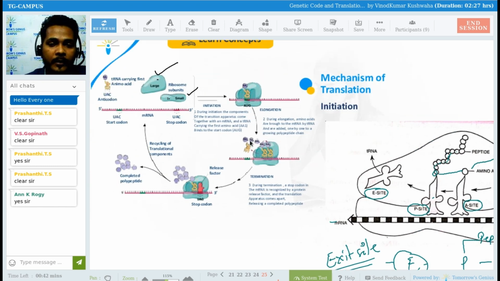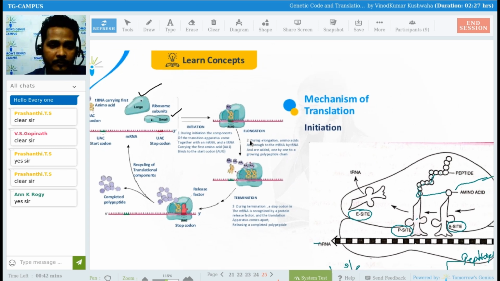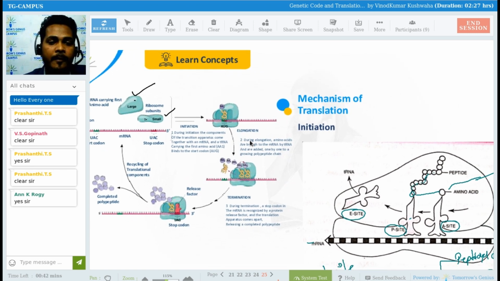So as I told you, here you can see that the larger subunit and the smaller subunit come together and bind in such a way that the initiation codon of the mRNA lies at the P site. It requires GTP and initiation factors.